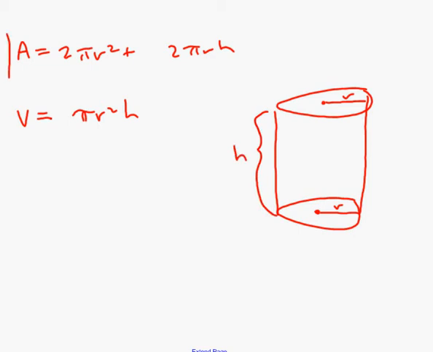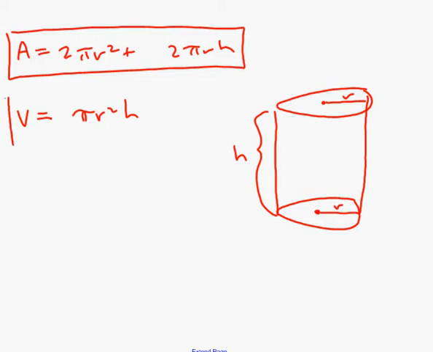So this first formula tells us the total surface area of that cylindrical can, and the second formula tells us the volume of that can. The way this problem is stated, they're telling us that the volume of the can is 355 centimeters cubed.